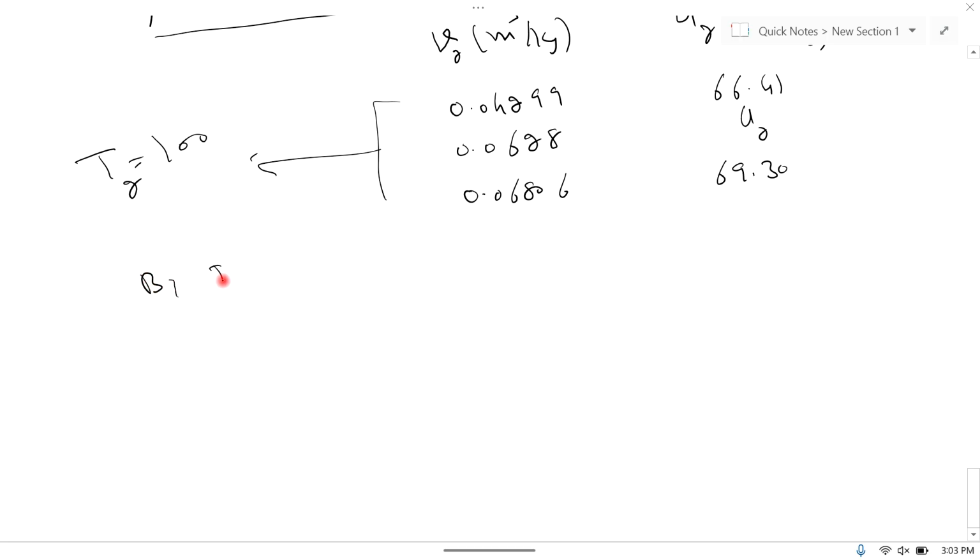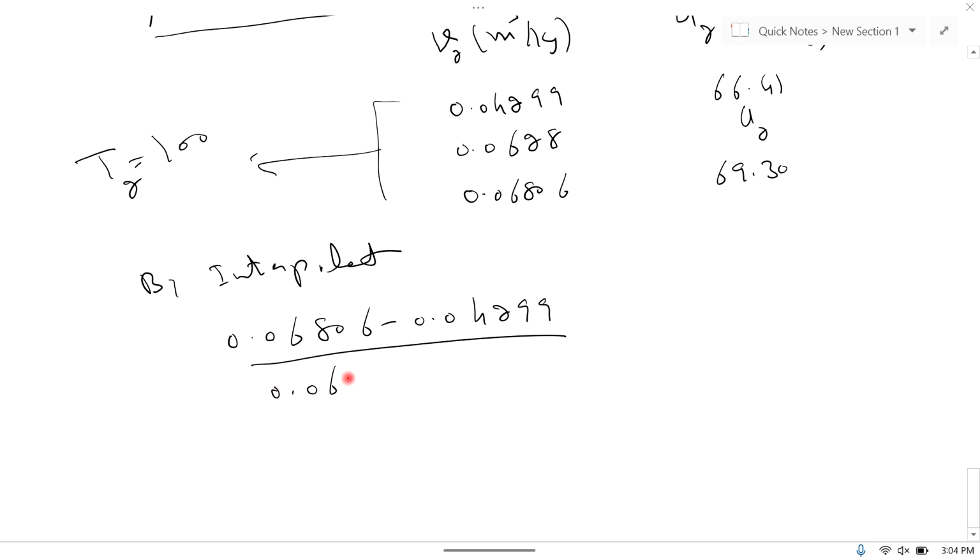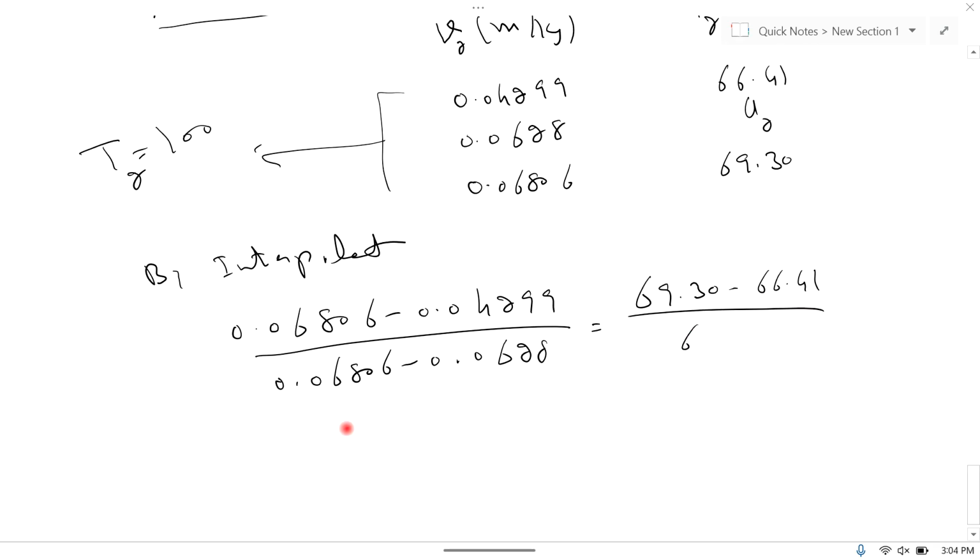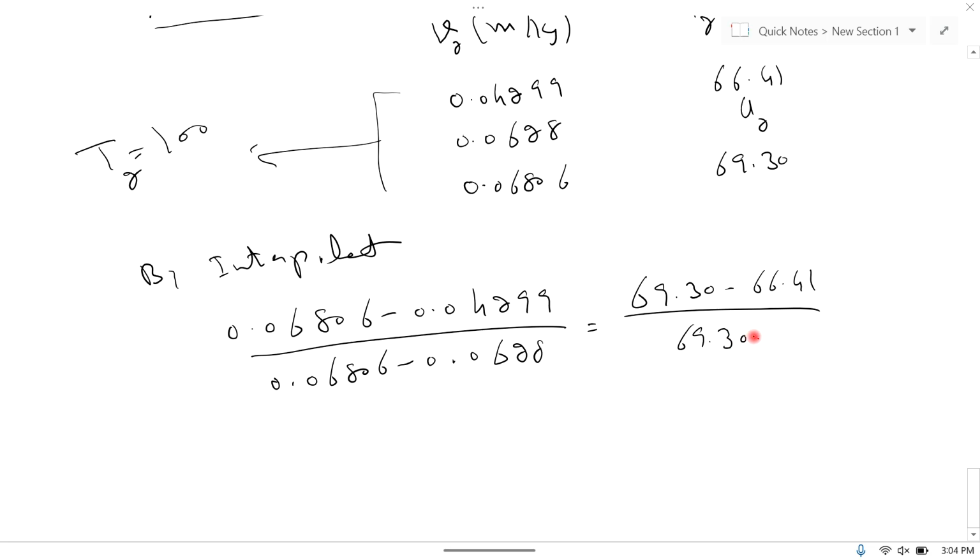So by interpolation, third value minus first value, 0.06806 minus first value divided by third value minus second value, 0.0628 is equal to third value 69.30 minus first value divided by third value minus second value, which is U2.